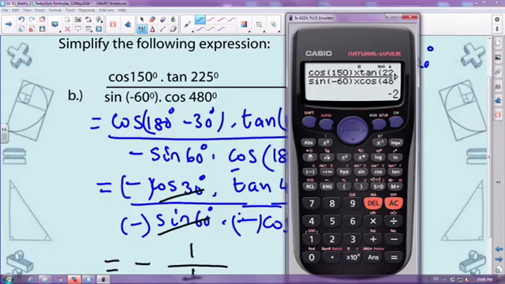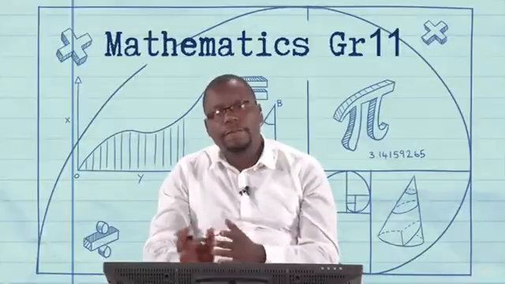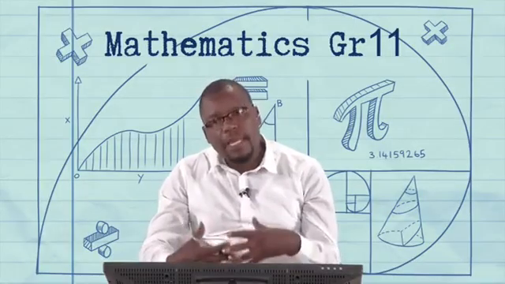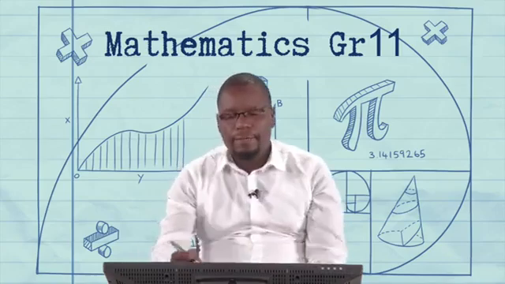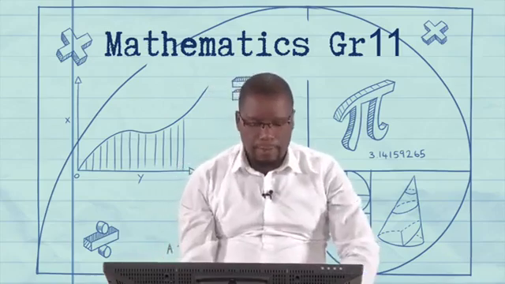It is negative 2. So what you are working on, at the end of the day you get a minus 2. A question like this will be 5 marks, 6 marks. So it means that you've got maximum marks because you are getting the very same thing that your calculator confirms. Okay.